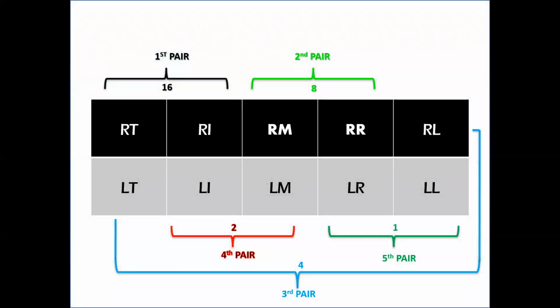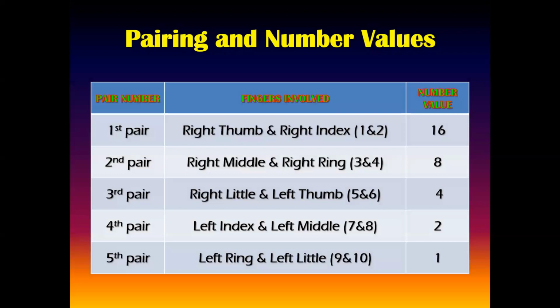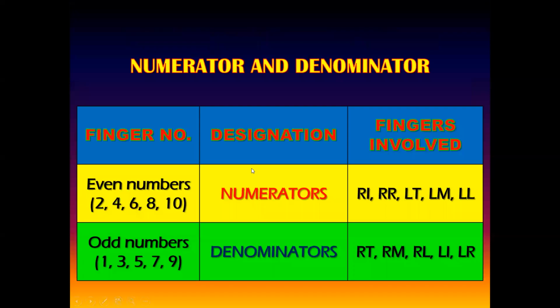So that's the illustration. This is what we call pairing. After pairing, we now assign the corresponding number value: 16, 8, 4, 2, and 1. And then we are going to designate their placement, whether they are numerators or denominators.